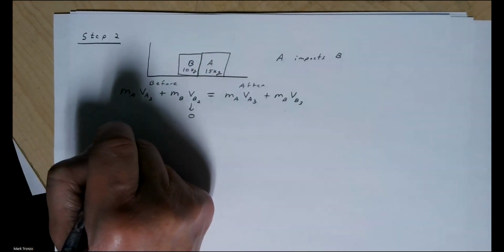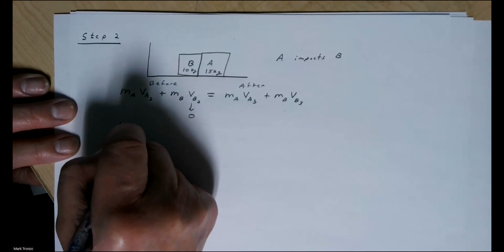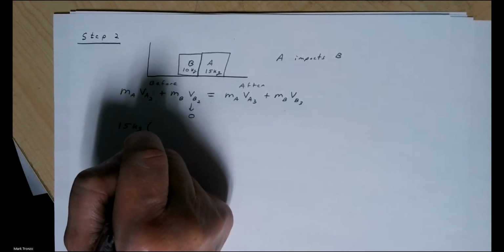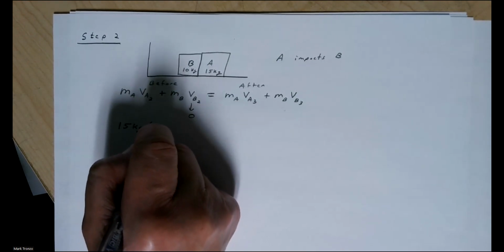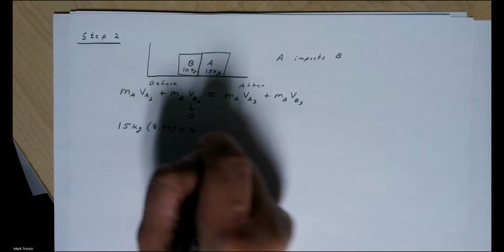And again, A was 15 kilograms. And the velocity of A was 8.74 plus 0.